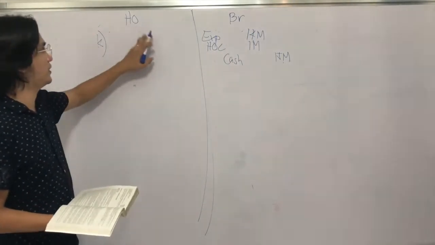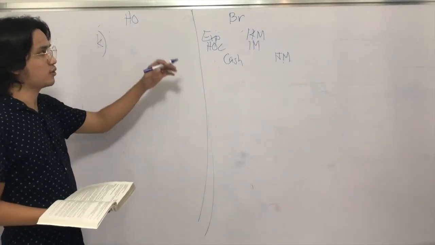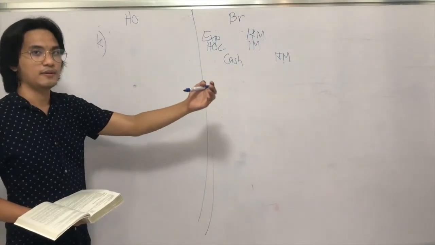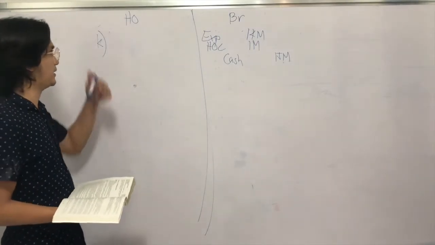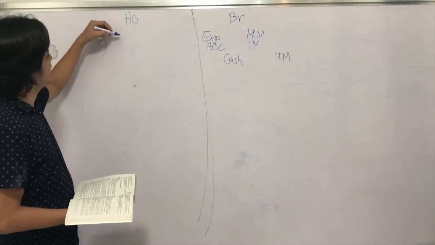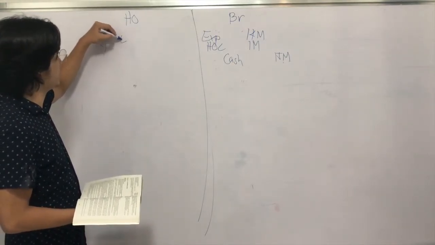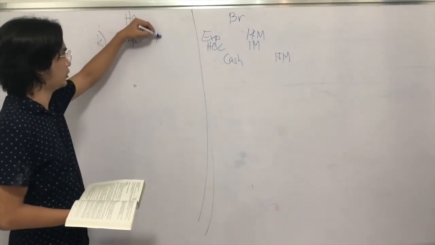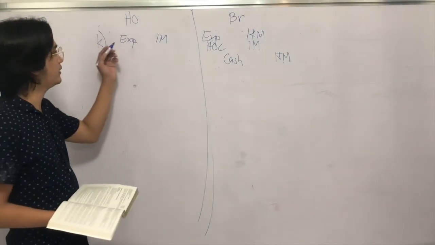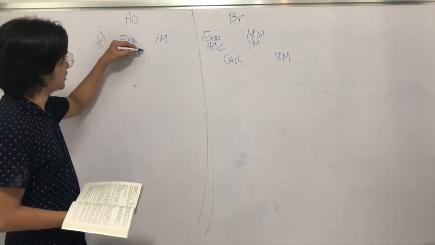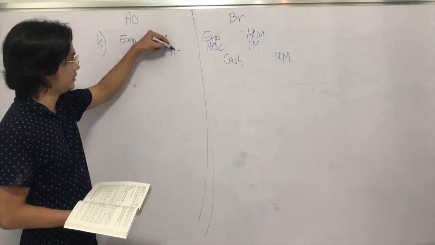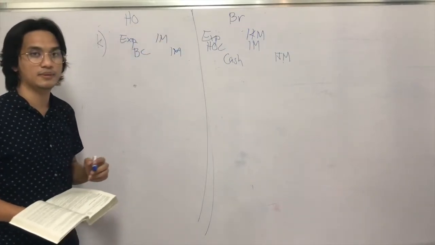As for the home office, because the branch paid for the home office expense, the home office will recognize that expense amounting to 1 million and then credit the branch current account, thereby decreasing the investment account.